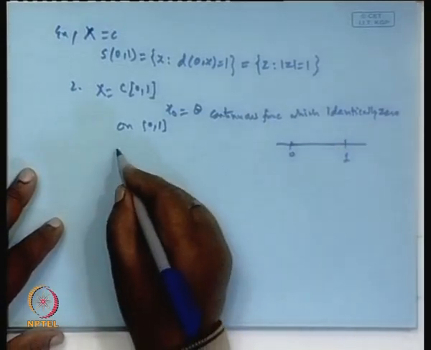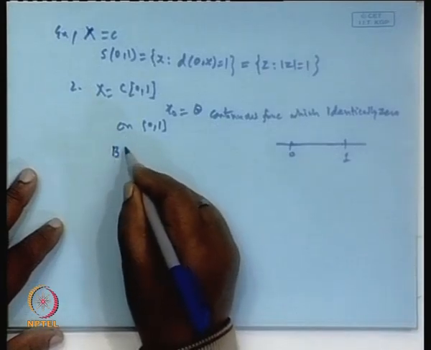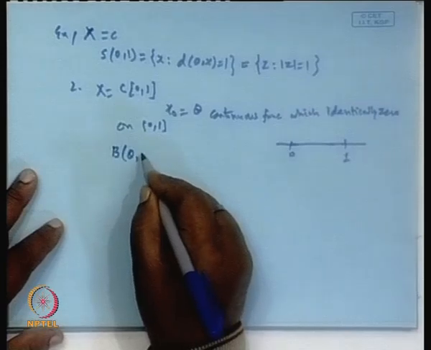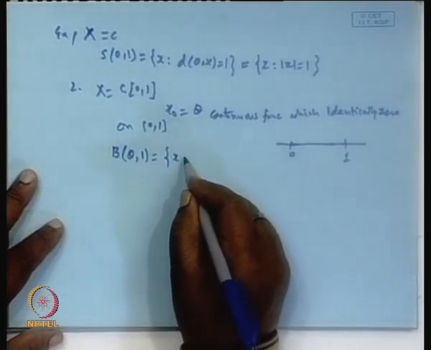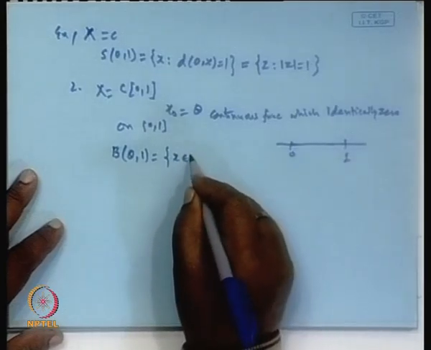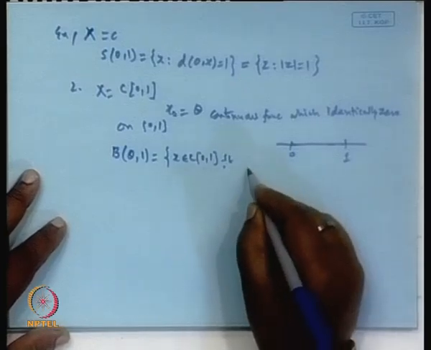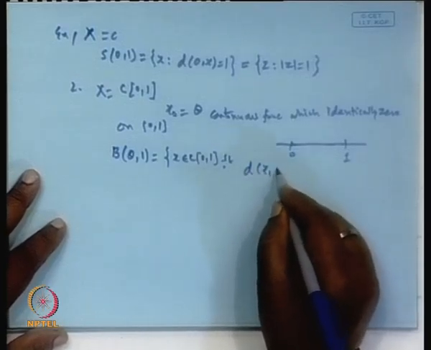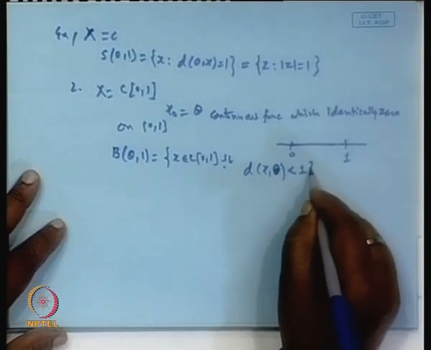Then the ball centered at theta and with radius 1 is the set of those points x belonging to C[0,1] such that the distance from theta is less than 1. This is the open ball.